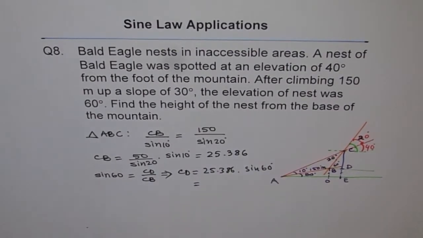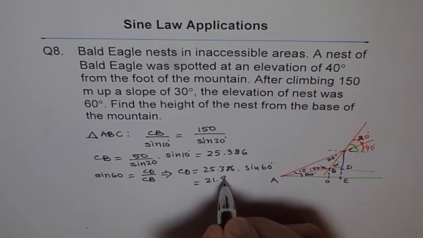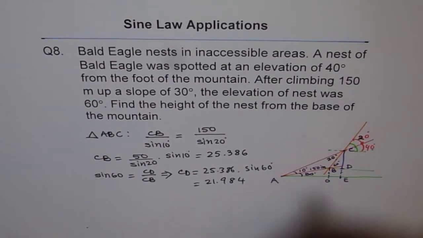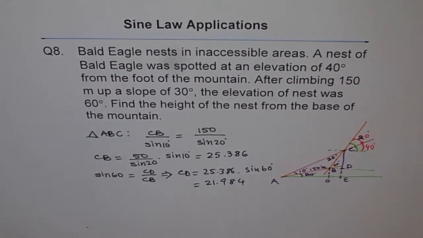That is equal to, so we multiply by sine 60. That will give us 21.984. Okay, so we know CD now, right?